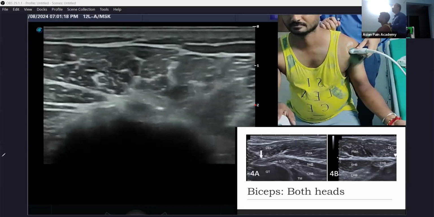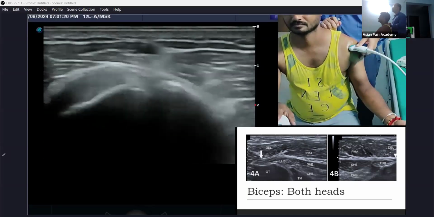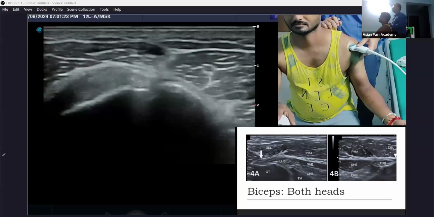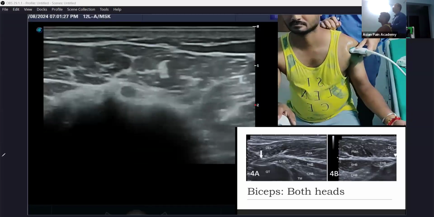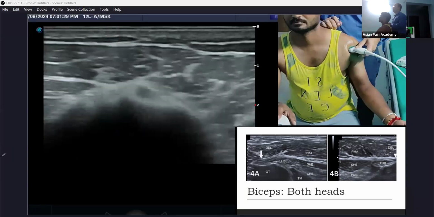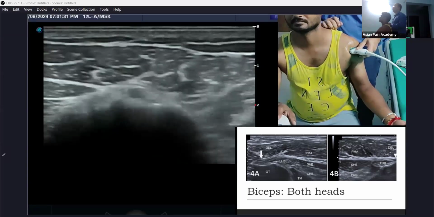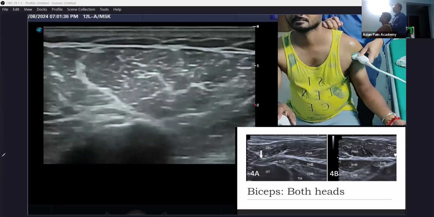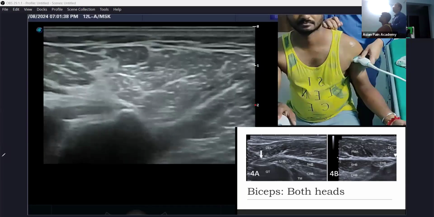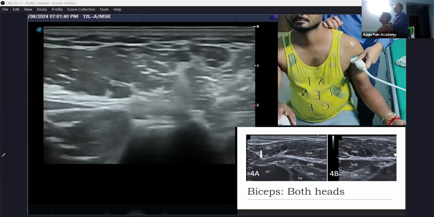From the proximal side, we can still locate. So this is the biceps tendon, now white. As I am going down, this is black. Okay, this is a hypoechoic round tendon you can see in the middle of the screen. Now I am going down, down, down, and you can see at some point this tendon has become a muscle.